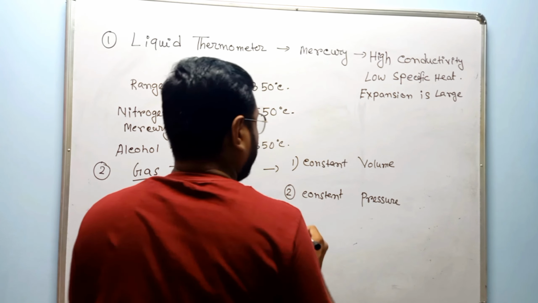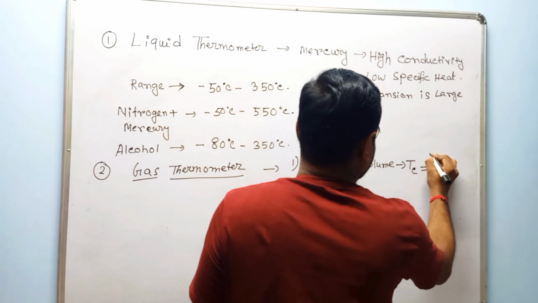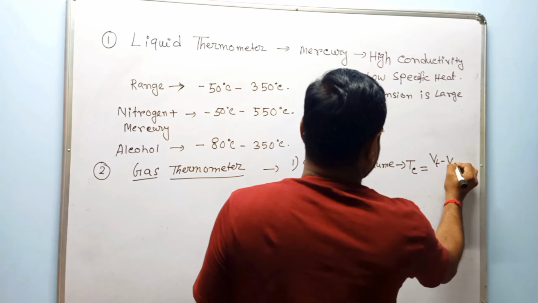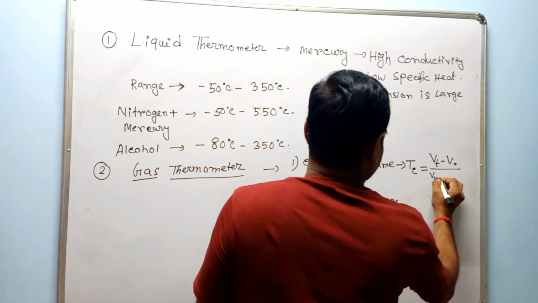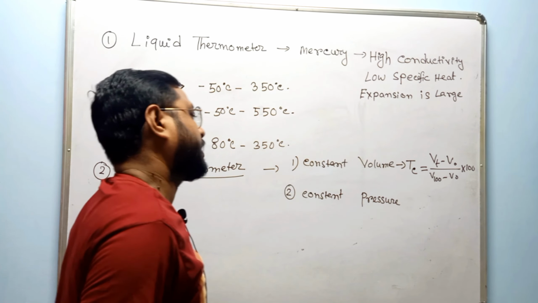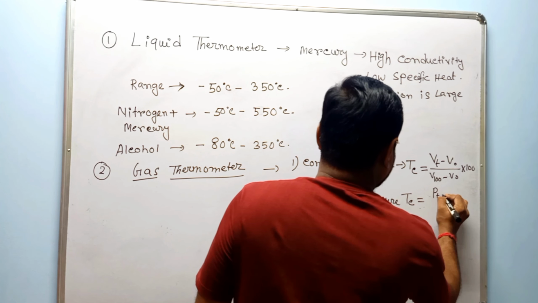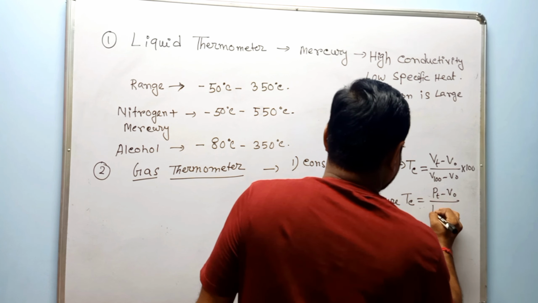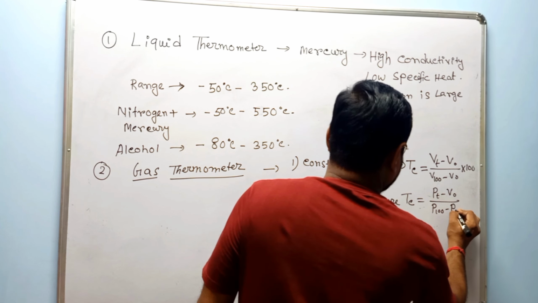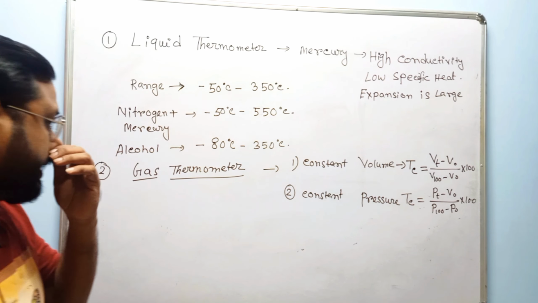In constant volume, the unknown temperature Tc is given by (Vt minus V naught) by (V100 minus V naught) multiplied by 100. At constant pressure, Tc is given by (Pt minus P naught) by (P100 minus P naught) into 100 in the centigrade scale.